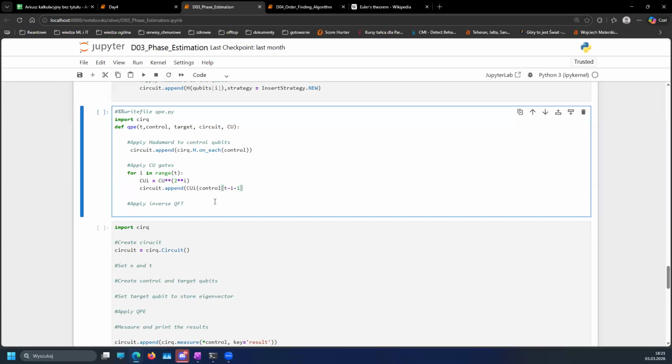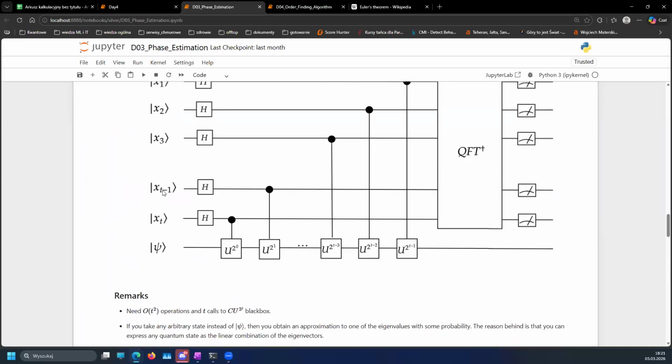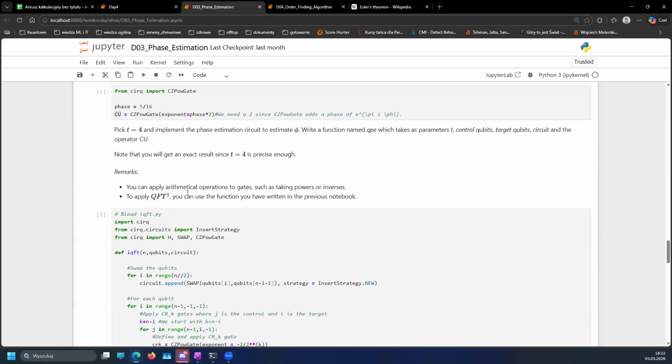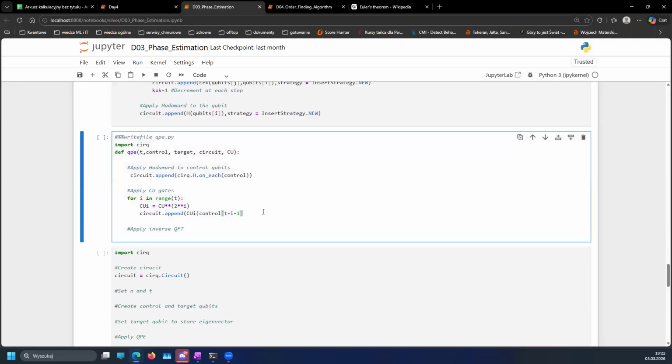And this is because for i equal to 0, yes, we need to start from the furthest qubit. So if i is equal to 0, then this qubit will be the qubit number t minus 1. So let's move back. It will be this qubit.